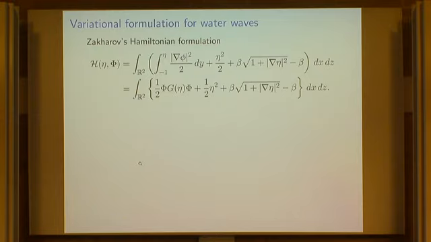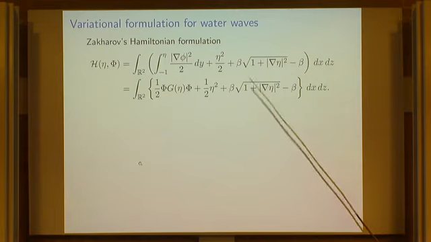So if we're looking for a variational existence result, we should have some variational principle for solitary waves, and of course there is. You can either start with Luke's variational principle, or you can just use Zakharov's Hamiltonian formulation. So this is basically the energy. What's bad about this formulation is that phi is defined in an unknown domain, so it's related to eta through the domain, and this is not very nice.